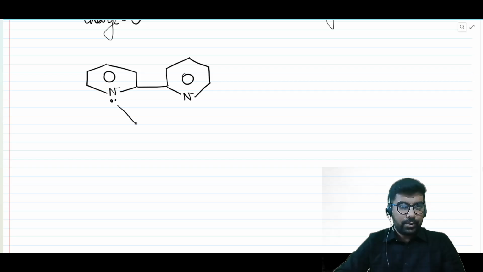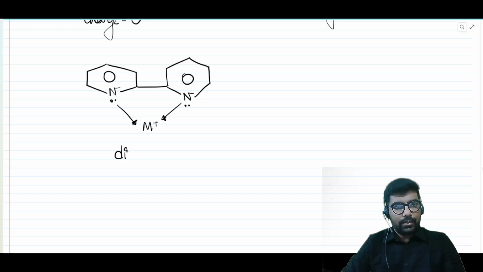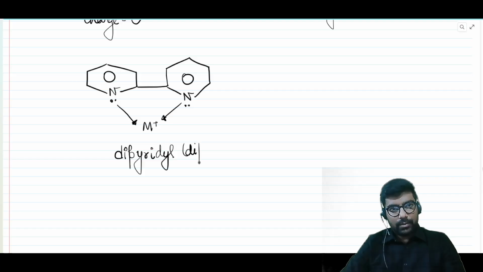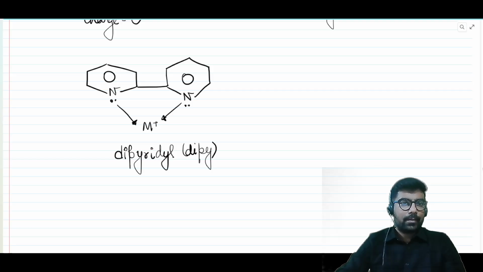This has a lone pair, it can connect with the metal. This again has a lone pair that can connect with the metal. It is called dipyridyl, short form dipy, because these are basically nothing else but pyridine rings.